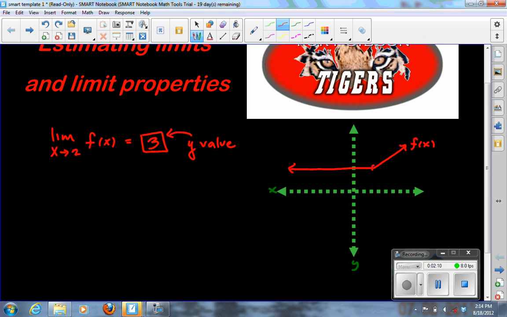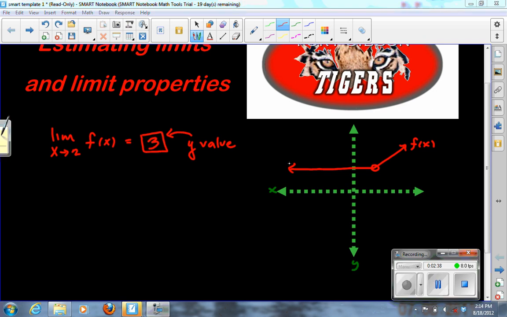Even if this graph had a hole in it right there, and the line went all the way to the hole, and then the line kept going, the answer would still be 3. I'm only interested in what the y values are approaching. From here the y values are approaching 3, and as I come down the line my y values are approaching 3 again. It's not what the y value is, it's what they are approaching.